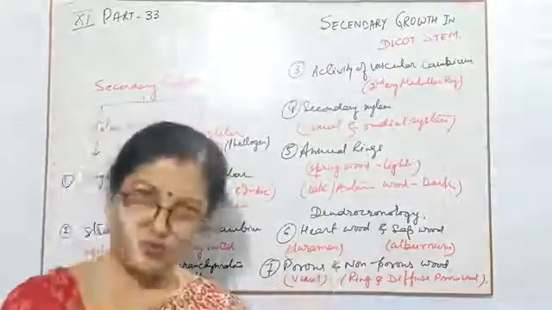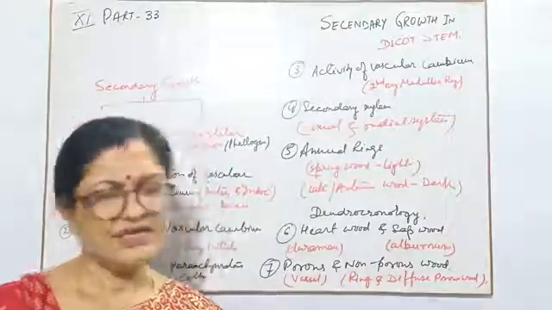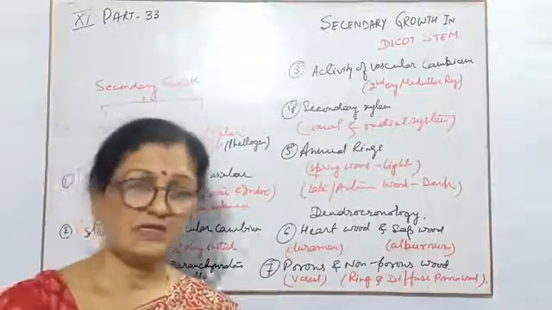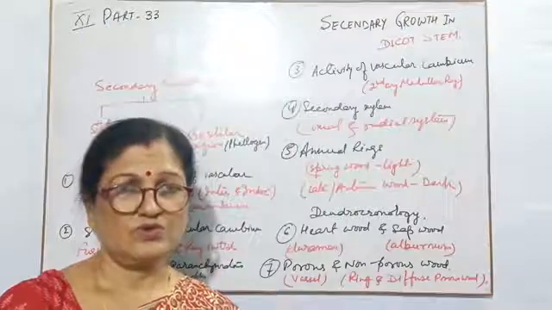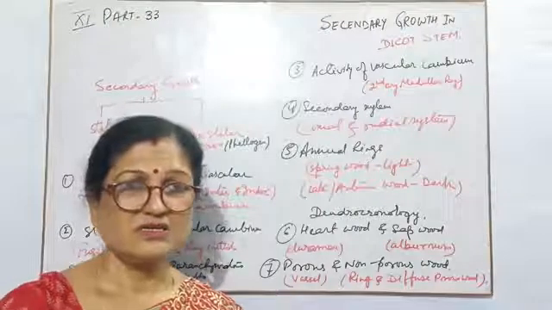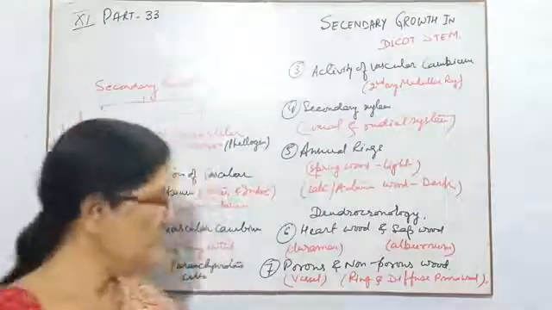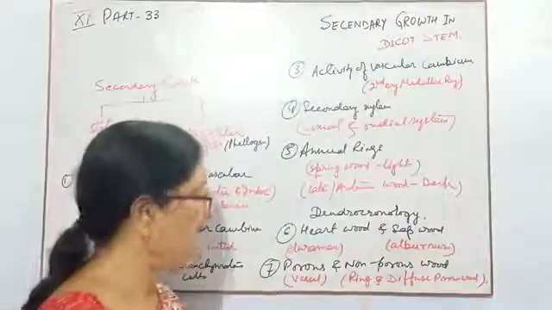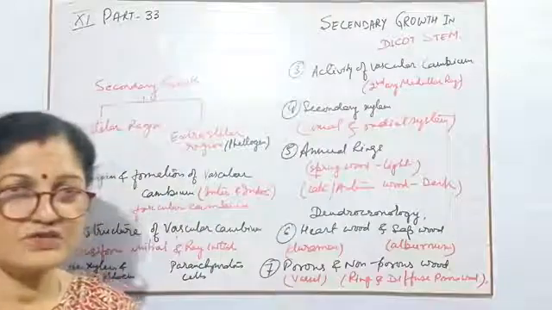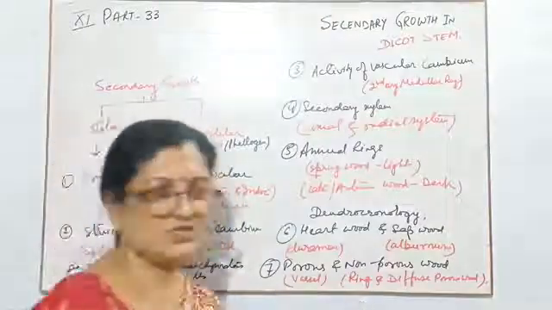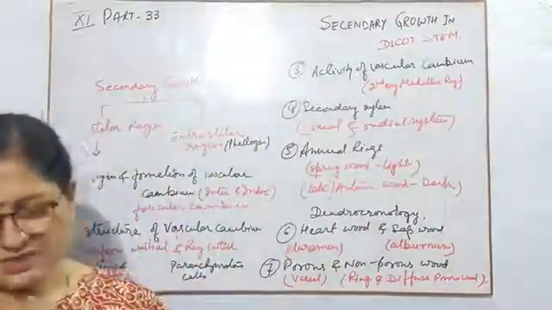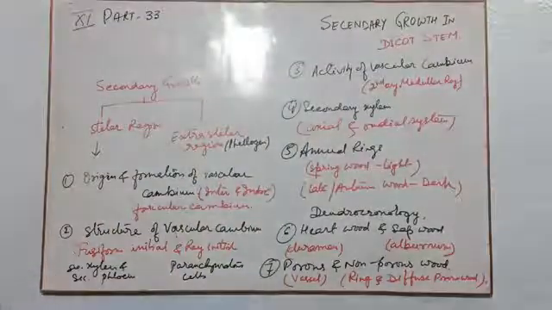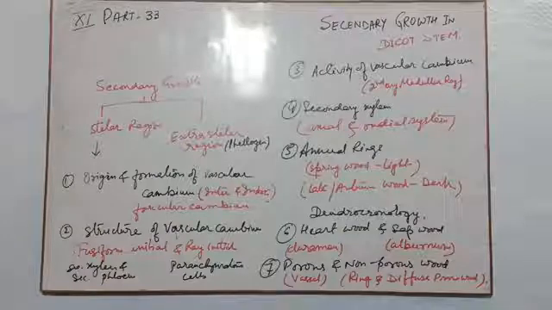Non-porous wood is of two types: ring porous and diffuse porous wood. As the name suggests, children, non-porous means there are no pores. So this wood is not light in weight but heavy, because there is no pore, and it is known as ring non-porous wood or diffuse non-porous wood.